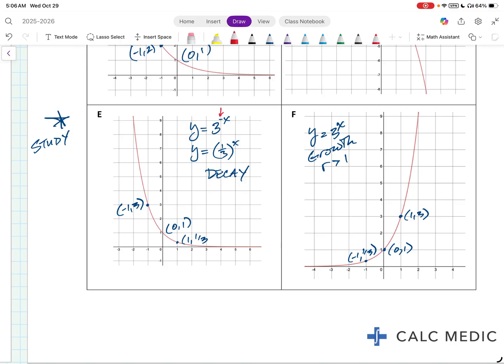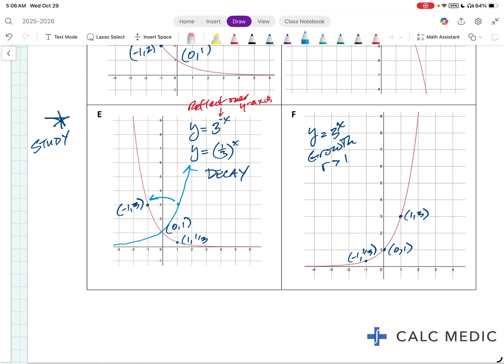So this right here makes the original function 3 to the x reflect over the y-axis. Normally this function would be doing this, like this, and it would pass through here, but you've got to reflect it.